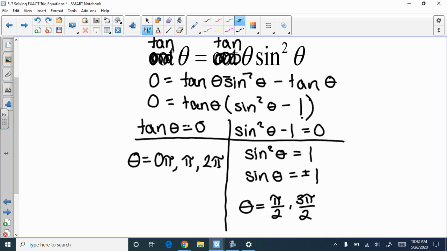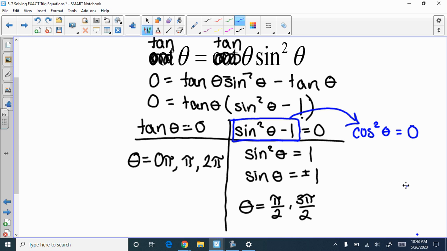Now, another option for you is you can use some of your trig identities. Since sine squared theta plus cosine squared theta equals 1, sine squared theta minus 1 we could rewrite as negative cosine squared theta, and that could be equal to 0.